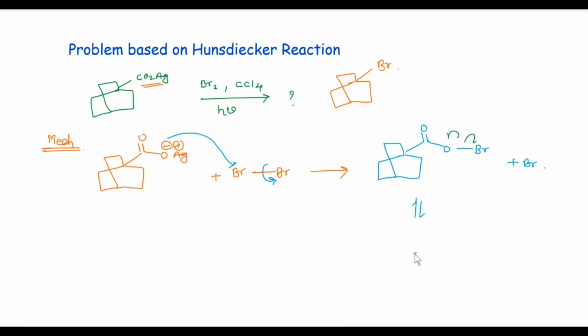So we get this carboxylic radical plus Br radical.